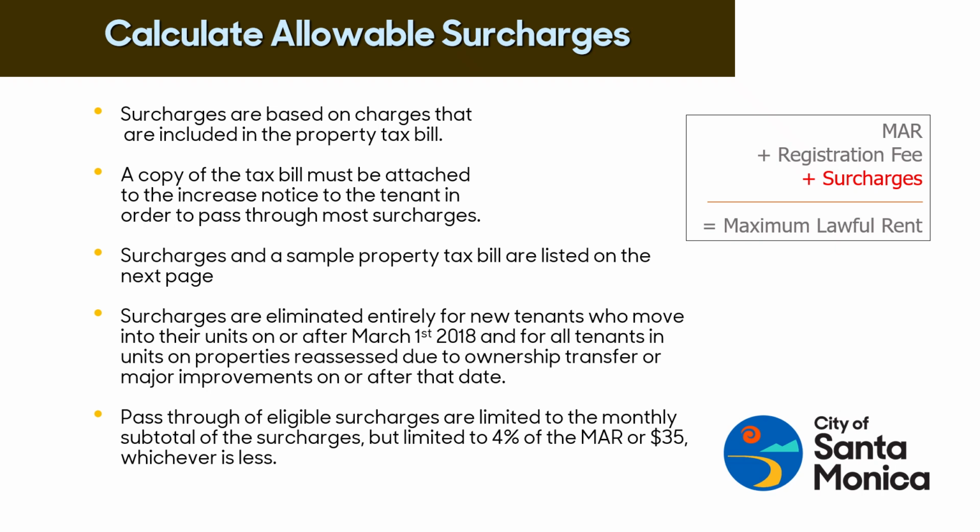If passing through these surcharges, the property tax bill must be attached to the notice. Remember that new tenancies and properties reassessed on or after March 1st of 2018 cannot have surcharges passed through to tenants. There are also limitations on the total amount that can be passed through to the tenant.